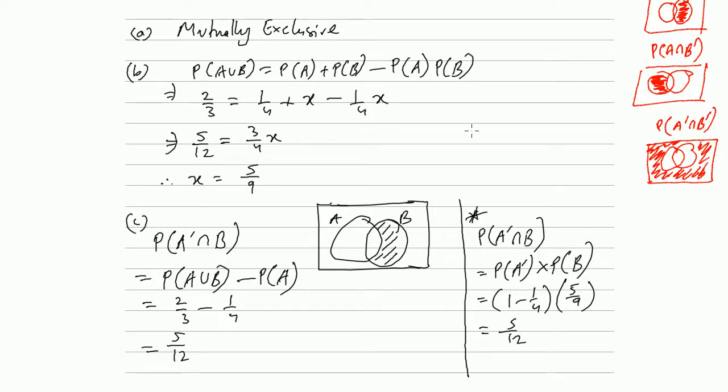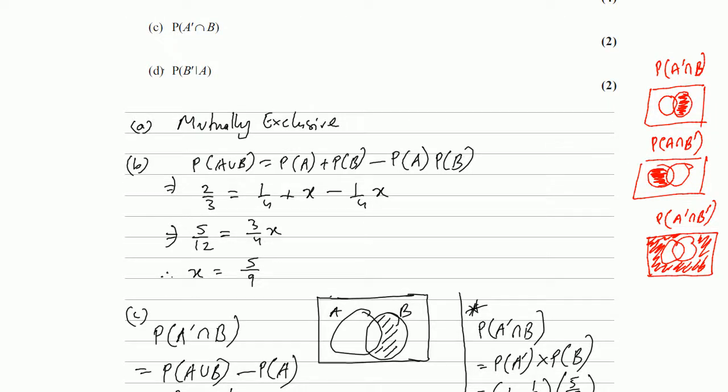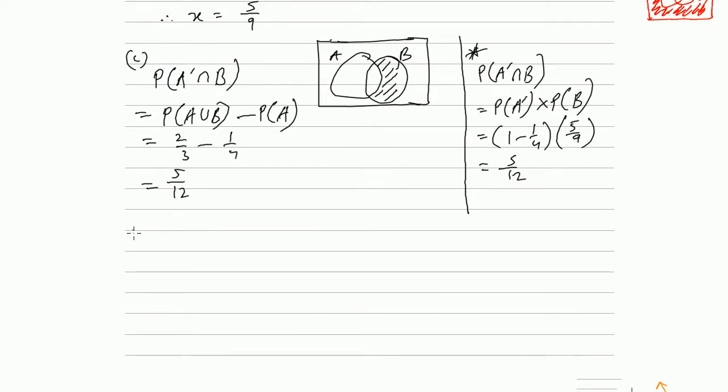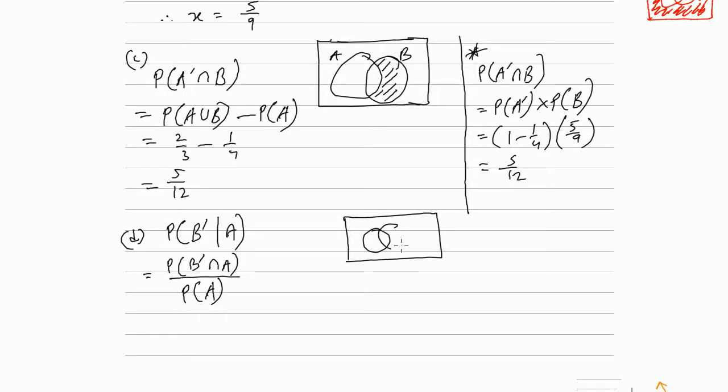The next question, question number D, is to find probability of B prime given A. We can easily do this using the formula. This conditional formula is also given in the formula booklet. So this would be probability of B prime intersection A divided by probability of A. In the previous sum we found A prime intersection B. Similarly, B prime intersection A is this region.